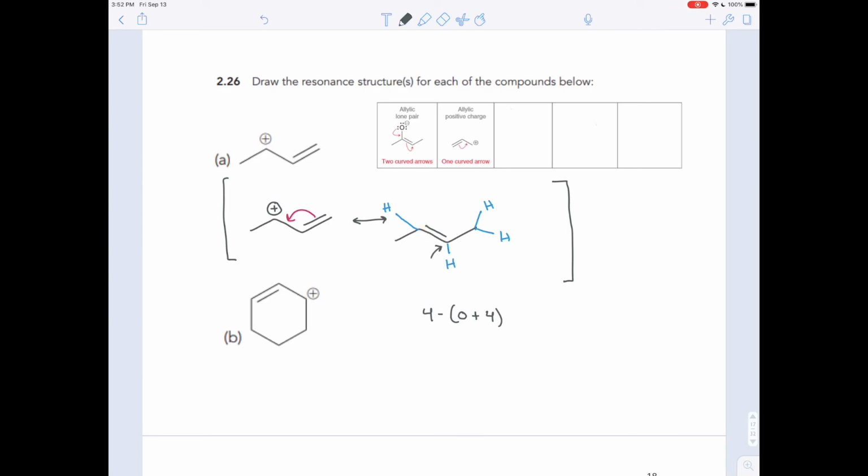If you go through the same process with this carbon, you'll see it's the same thing. 0 dots, 4 lines, so it has a 0 charge. And if you go through the process for this carbon on the right, 4 minus 0 dots plus 3 lines, that now has a positive 1 charge. So that has this positive charge here.